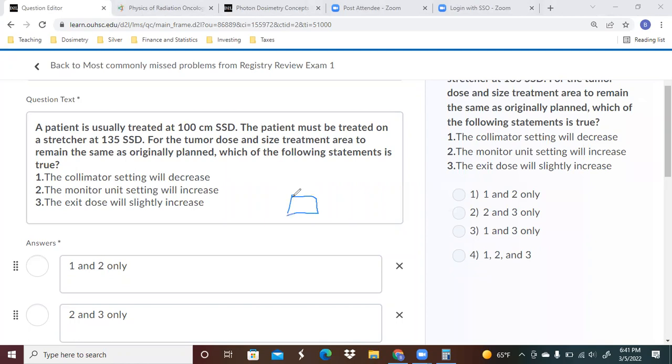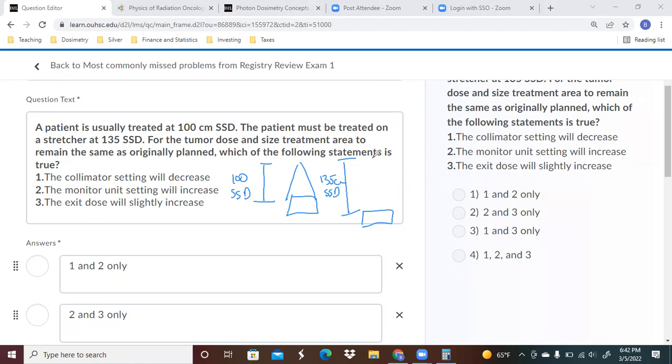Originally we had our patient here, and it had a certain field size here, and that was being treated at 100 SSD. Now, for logistical reasons, we want to treat the same volume, but we're going to treat this at 135 SSD. In order to make sure that we are treating the same area there, all of these things are going to have to happen.